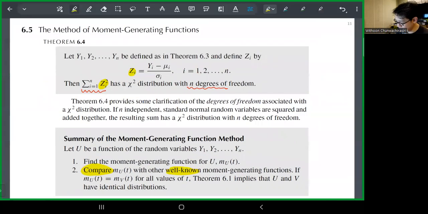All right, so this concludes the third method of finding the distribution function of a function of random variables. Is that confusing? I hope you don't get confused. All right, cool.